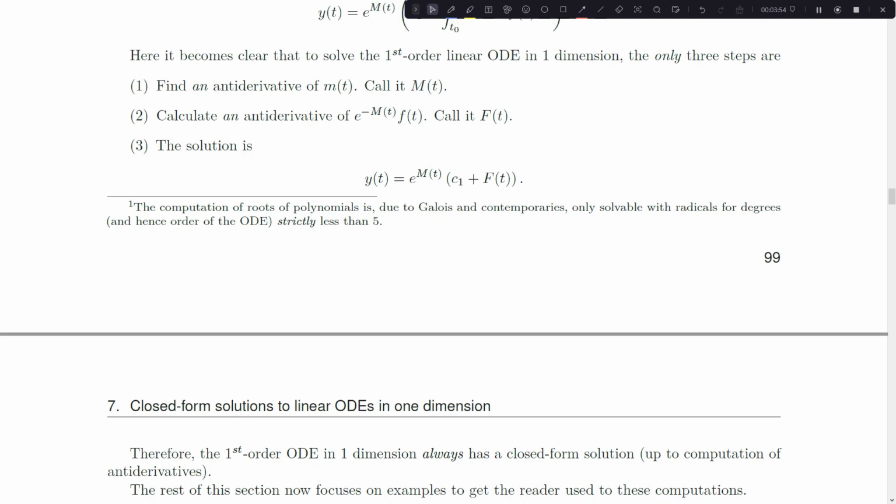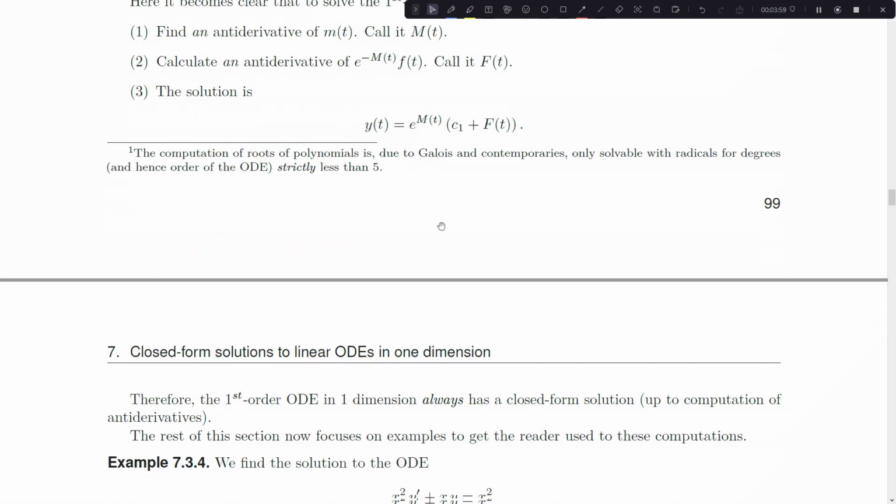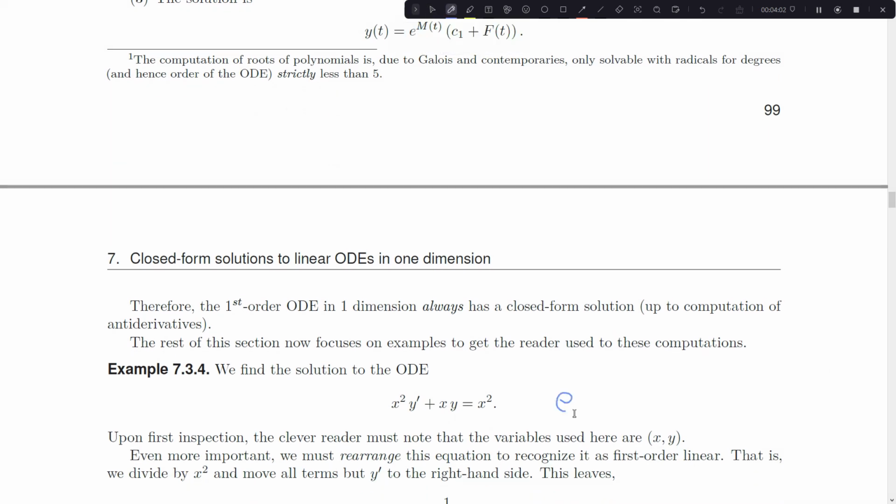I find an antiderivative of e to the negative log x times f, which was just 1. Well, that's e to the log, which is just x. This is the antiderivative of x dx, and so I get x squared over 2. And then I produce my solution, e to the negative log x times c plus x squared over 2.